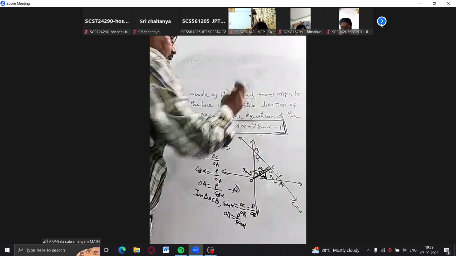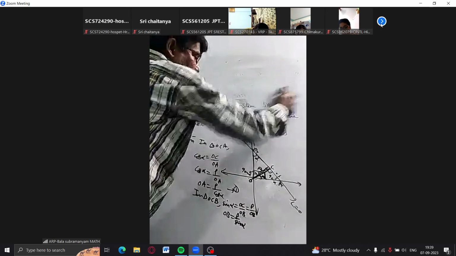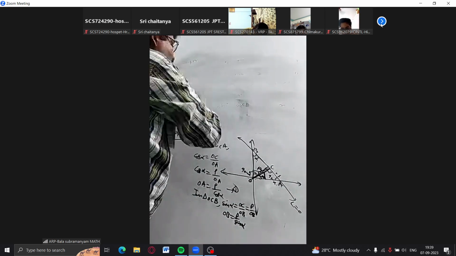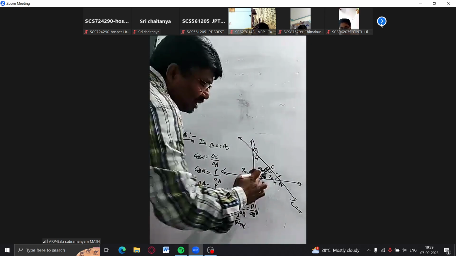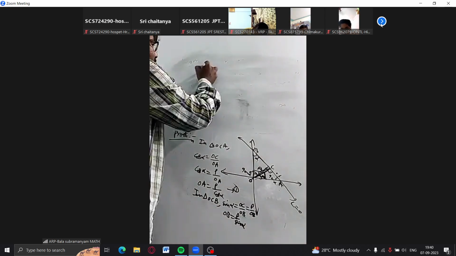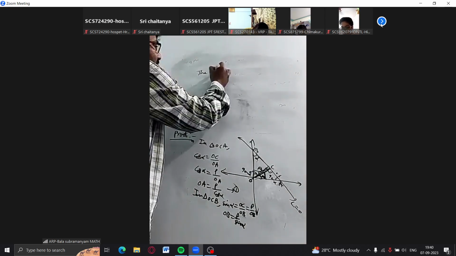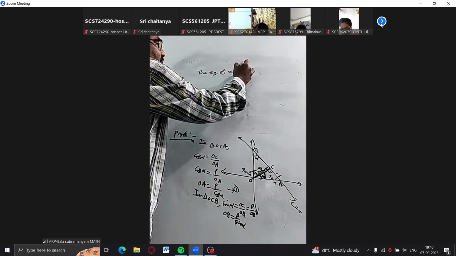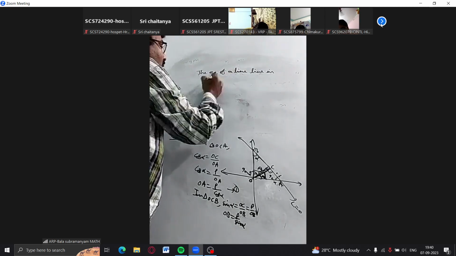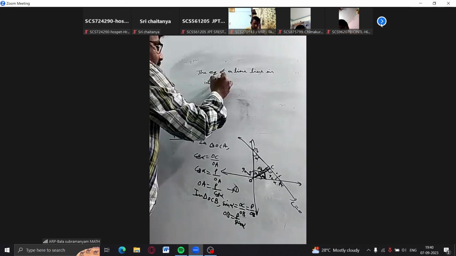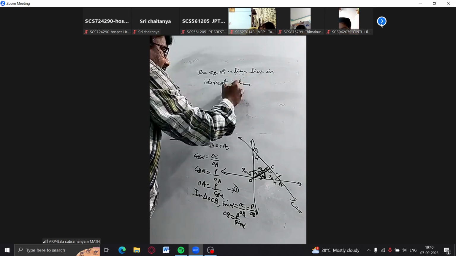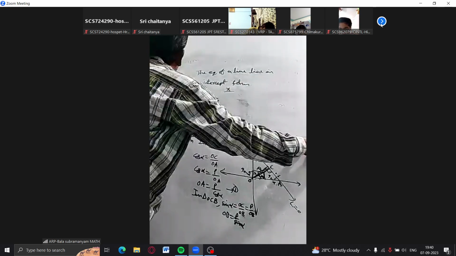Now we know the intercept form. In this triangle, x-intercept is OA, y-intercept is OB. The equation of a line in intercept form is x by x-intercept plus y by y-intercept is equal to 1.